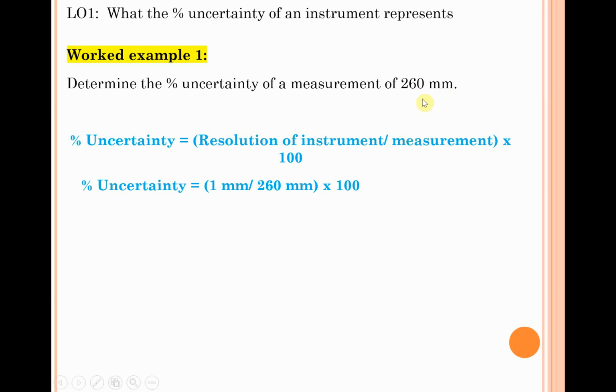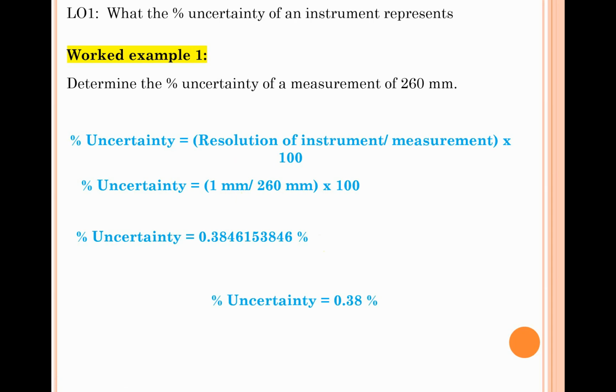And so this is a ruler that measures to the nearest 1 millimeter. And so we take the resolution to be 1 millimeter. You divide it by your 260 times 100. And that gives me this long string of digits here. Now, you wouldn't have to write down as many significant figures in the exam before you get it down to 2. I've just put down exactly what my calculator has shown here.